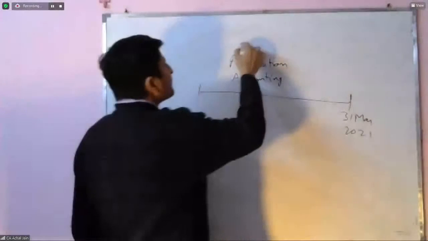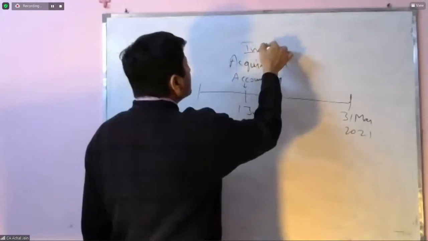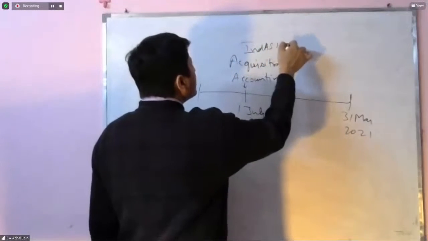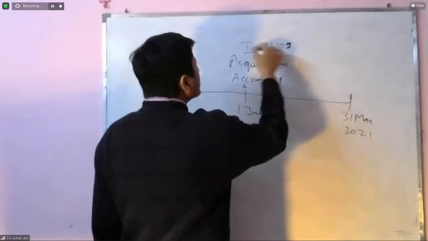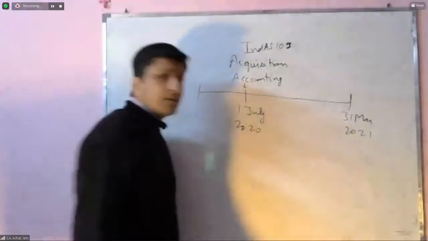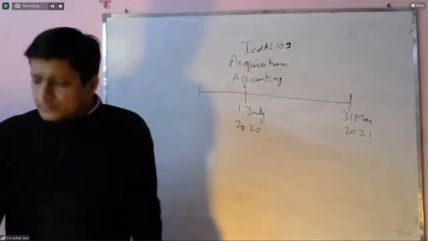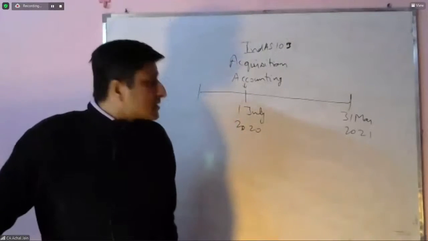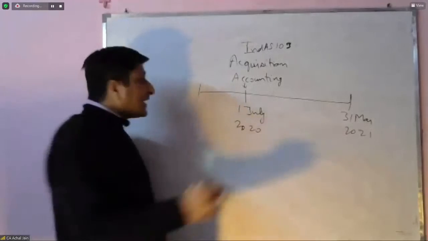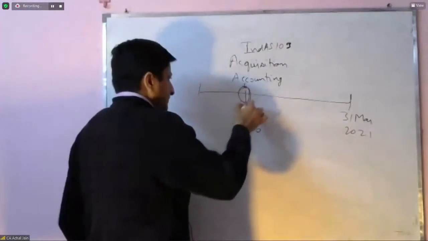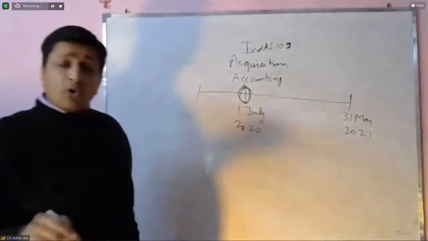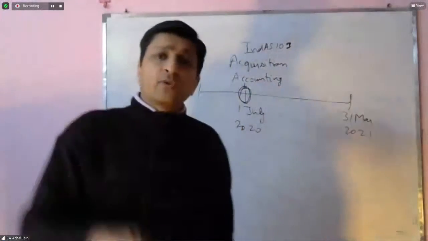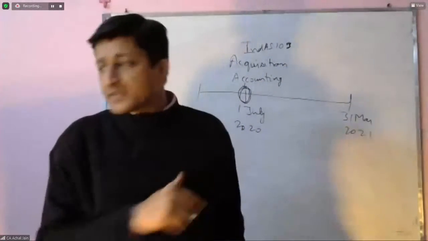That means Ind AS 103 will be required to be applied on 1st July 2020. Remember? Now the question arises: how do we identify this date, the date on which this accounting will have to be applied as per Ind AS 103?